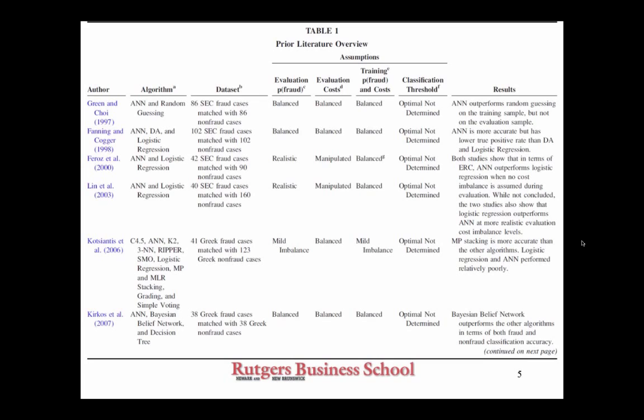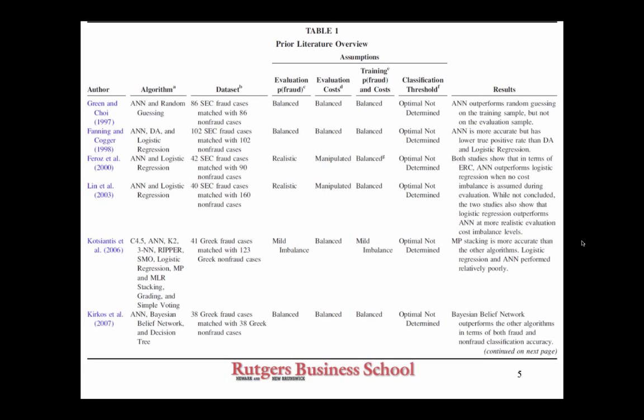So what they do in terms of the ratio of fraudulent to non-fraudulent firms, and ratio of false positive to false negative costs. That's unbalanced.